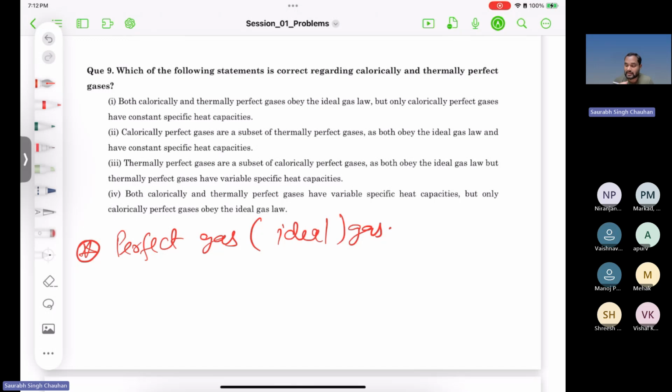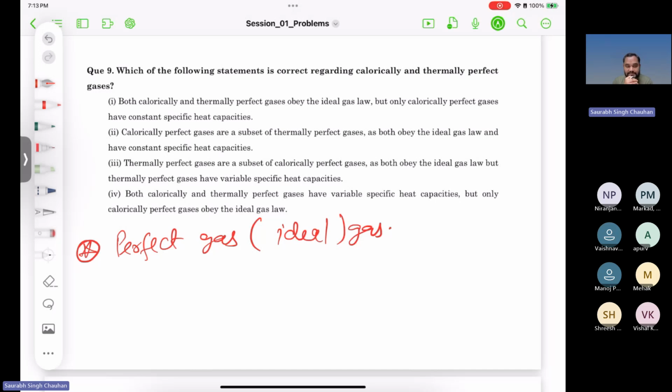Even if there is no chemical reaction, they can interact among themselves by using some sort of attractive or repulsive forces, right? Whenever you bring two molecules near to each other, there will be some forces in the real scenario. But in ideal gas, we assume that intermolecular forces are neglected and gas is not chemically reacting.